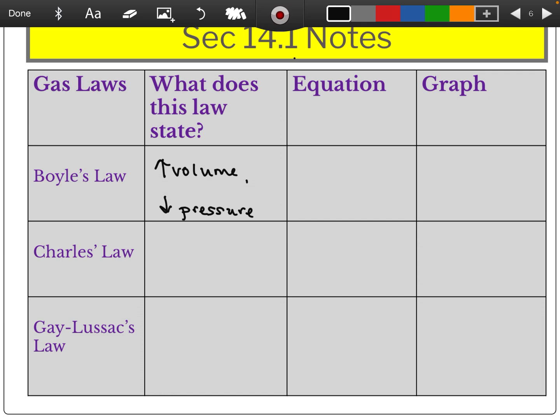So the equation, because we're relating volume and pressure, is P1 times V1 is equal to P2 times V2. P1 is your first pressure reading. V1 is at a specific volume. And then when you change the volume, the pressure is also going to change. So P2, V2 would be your second pressure reading at a second volume.